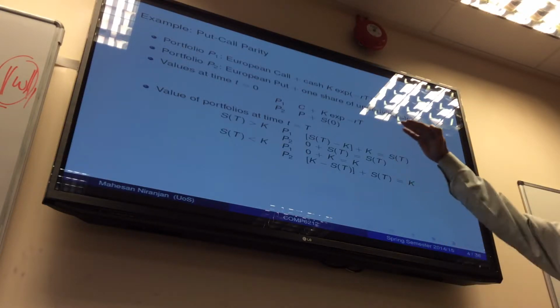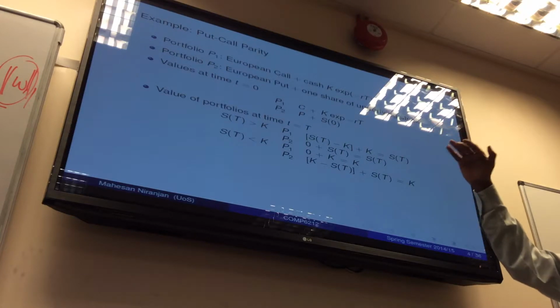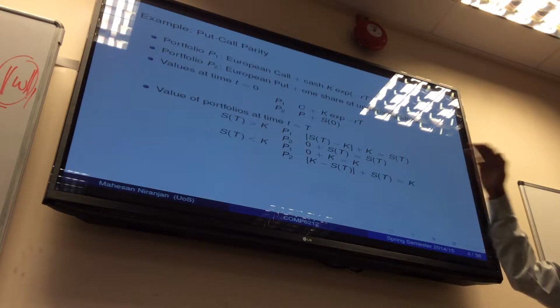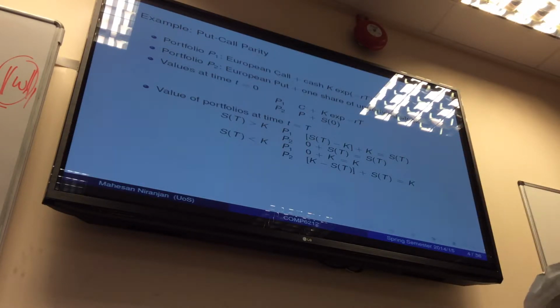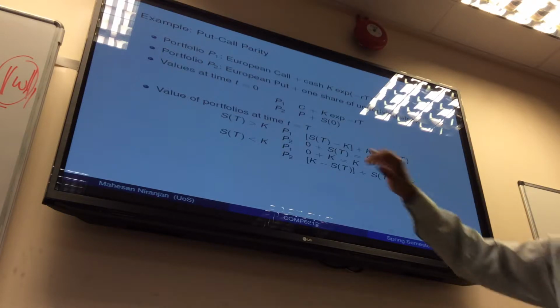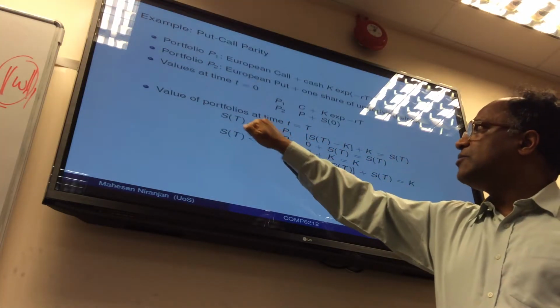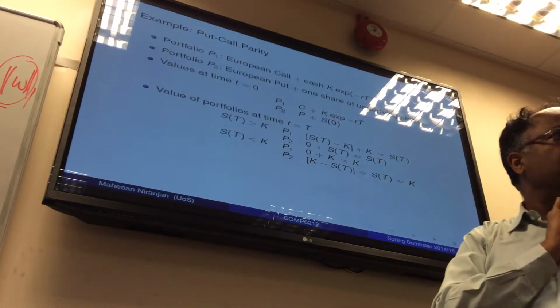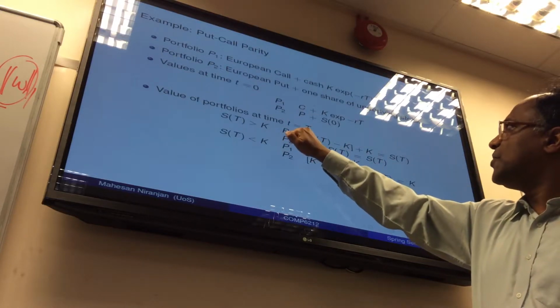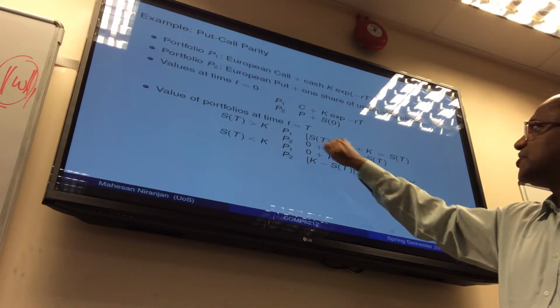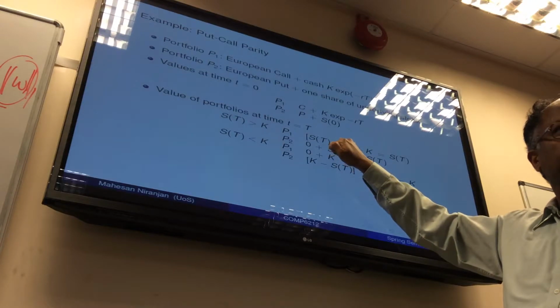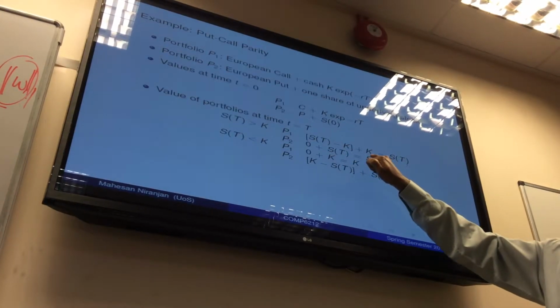That's an argument all of you should be able to understand, straight from the definition of what these options are. At time t, if the value of the stock is bigger than K, then in portfolio 1, I will make that much profit, and I already have this much cash.